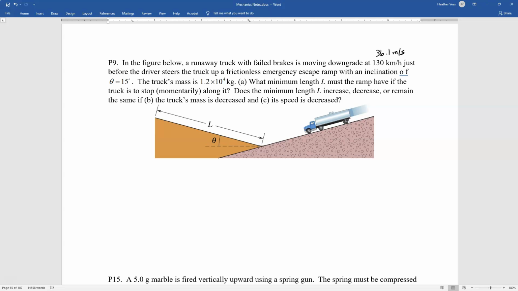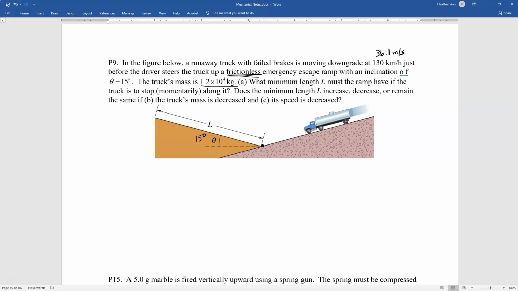This is just before, so right here, a driver steers the truck up a frictionless, that's the keyword here, emergency escape ramp. If you've been to Colorado, you have seen the runaway ramps that go up the side of the mountain trying to slow a truck down if it burns up the brakes. That escape ramp has an inclination of 15 degrees.